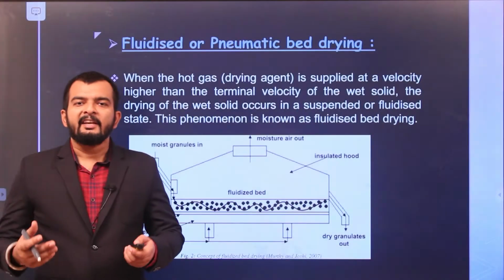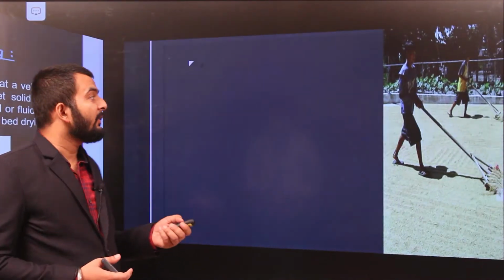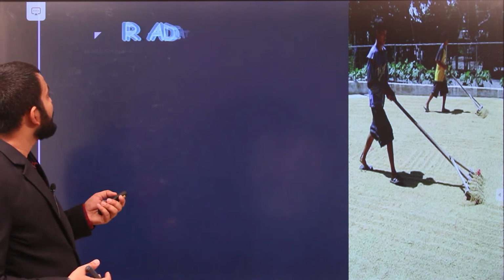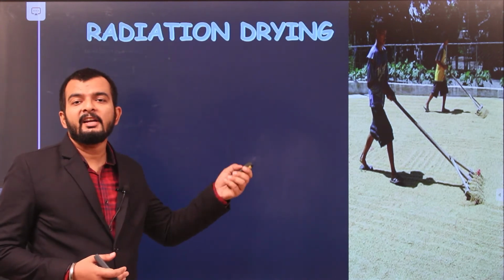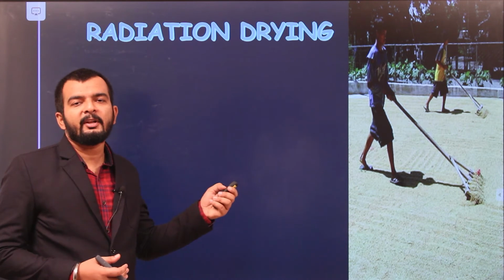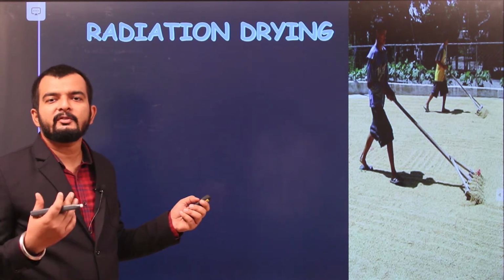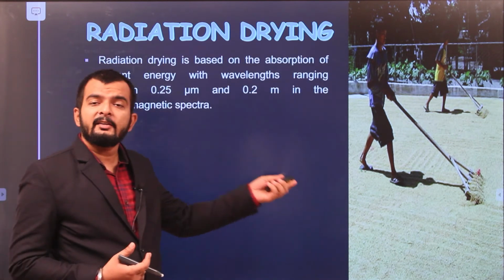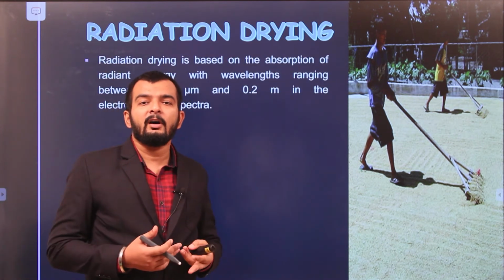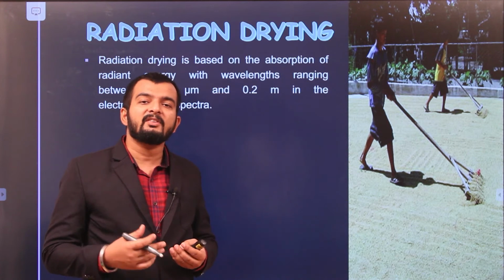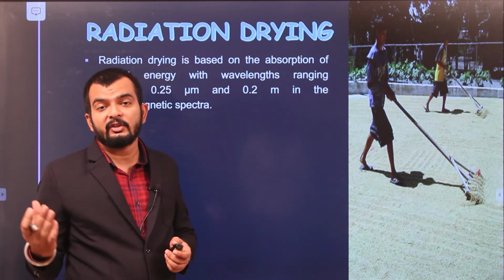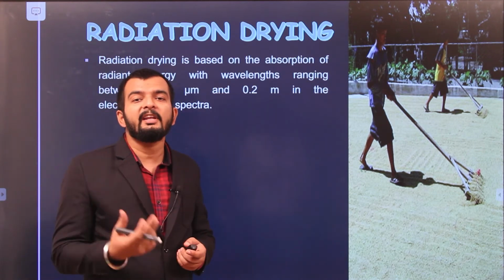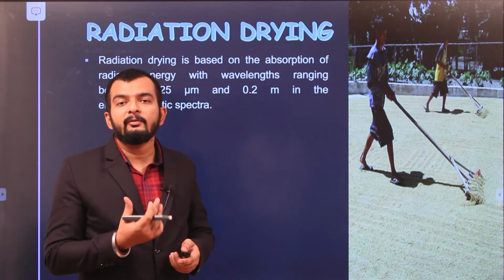Alright. So next we move on to the next type of drying system, that is radiation drying. One of the most primitive and simplest examples of radiation drying is sun drying. As you must all know, it is the most primitive one. While making pickles, the vegetables first have to be dehydrated, so we usually keep them in the sun for drying.